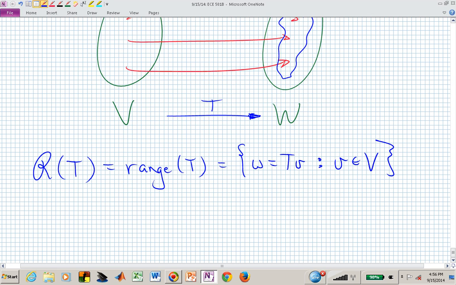So we take all the possible elements in our domain, we map those through T, and where that puts us in capital W is the range of that linear operator. And that range may be extensive, it may be very minimal, and we have to figure that out.